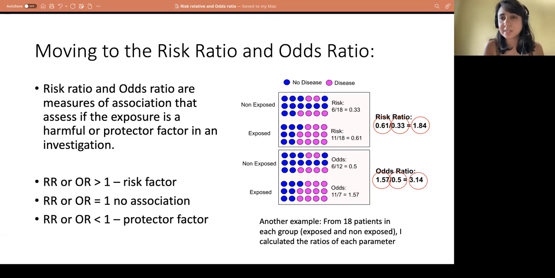It's not increasing by 3.14 times the risk of developing the disease, but we can interpret that an odds ratio of 3.14 means that being exposed to this risk factor increases the odds to develop the disease by 3.14. We are saying that both parameters indicate risk factors that increase your chance to develop the disease, but it's not a direct effect as we would interpret probabilities or risks.